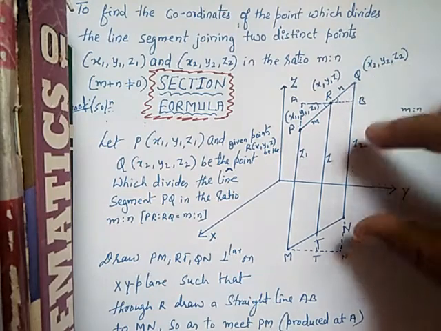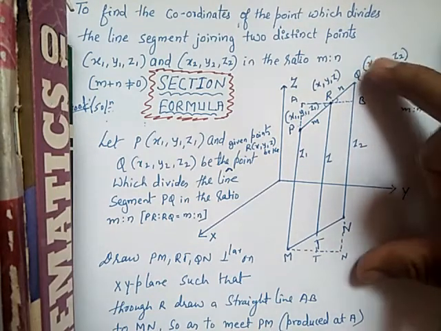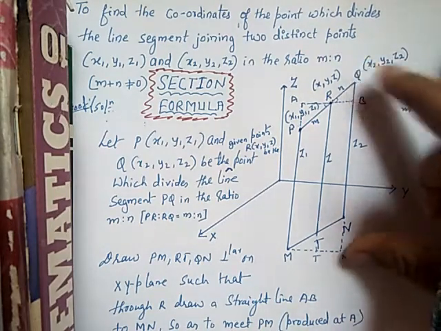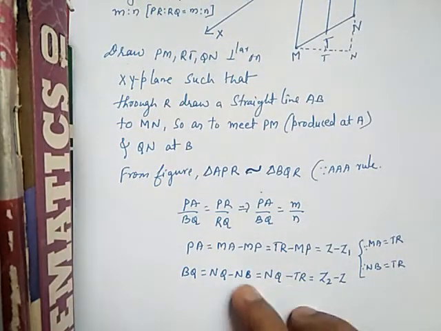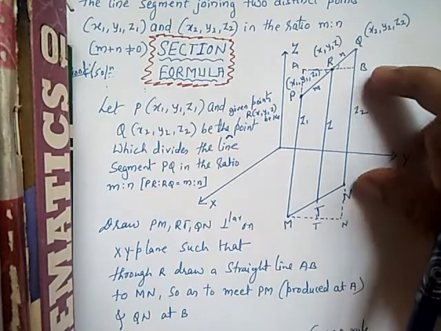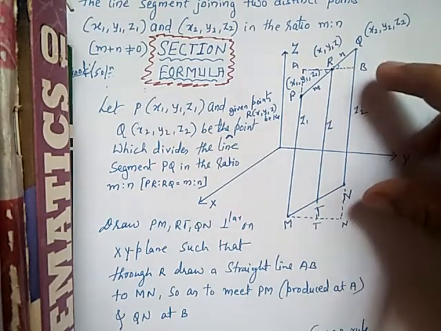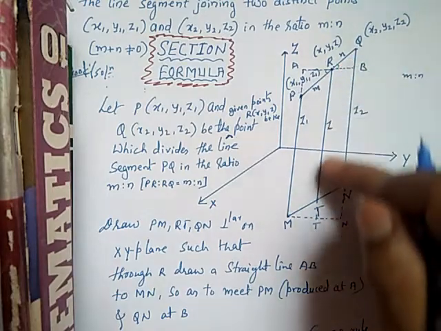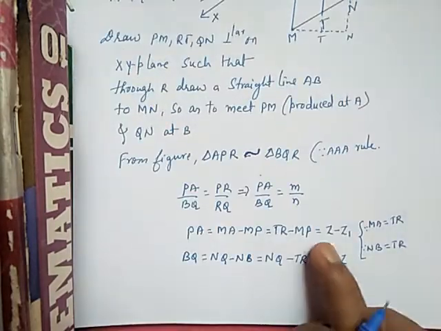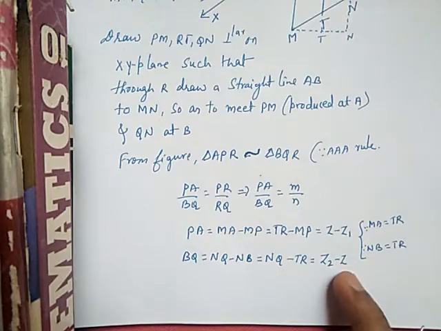So this complete is Z2. That is the reason I have taken NQ as Z2 and NB as TR. NB means from here to here, this distance is the same as TR. So BN is the same as TR, and that is the reason I have taken Z. So I can write Z minus Z1 and Z2 minus Z.